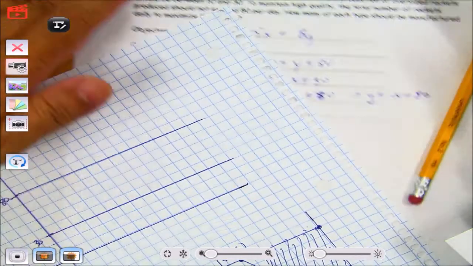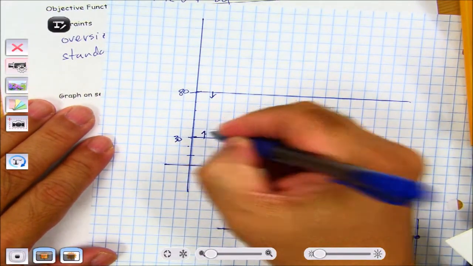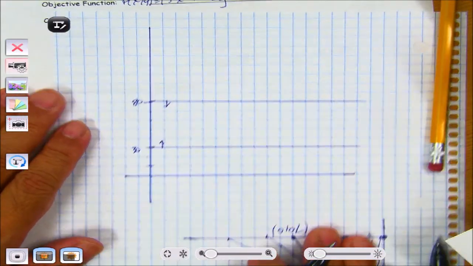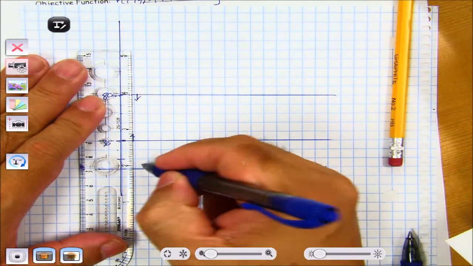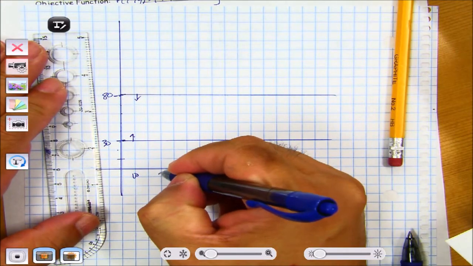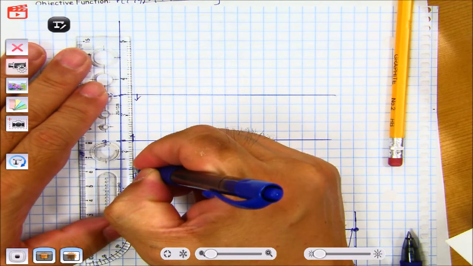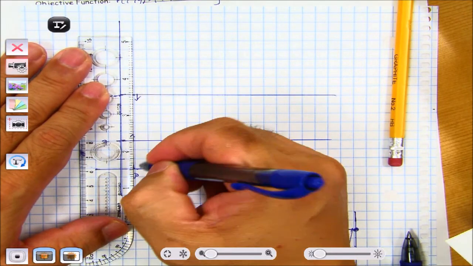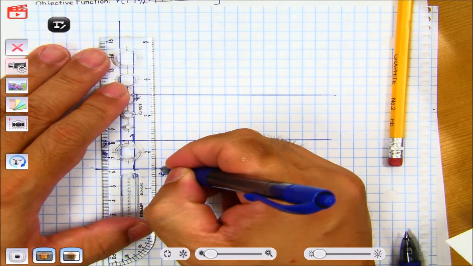It's between those two, right? We're going to shade between those two. And then the other one, the vertical one, is 10 to 30. 10 and 30.